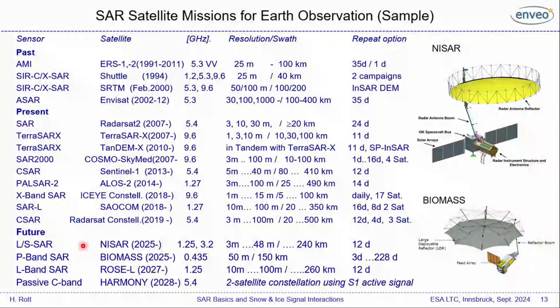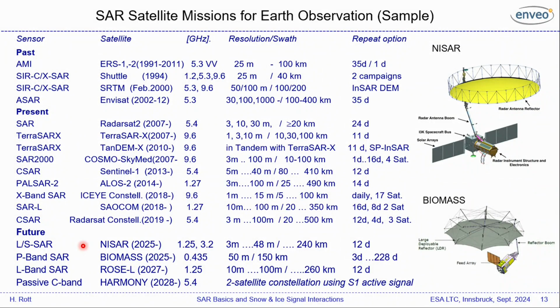NISAR, I think the launch is now scheduled for next year, which has an L-band as main sensor. It's with NASA and the Indian Space Agency, and also an S-band with a smaller duty cycle capability, but still very interesting.